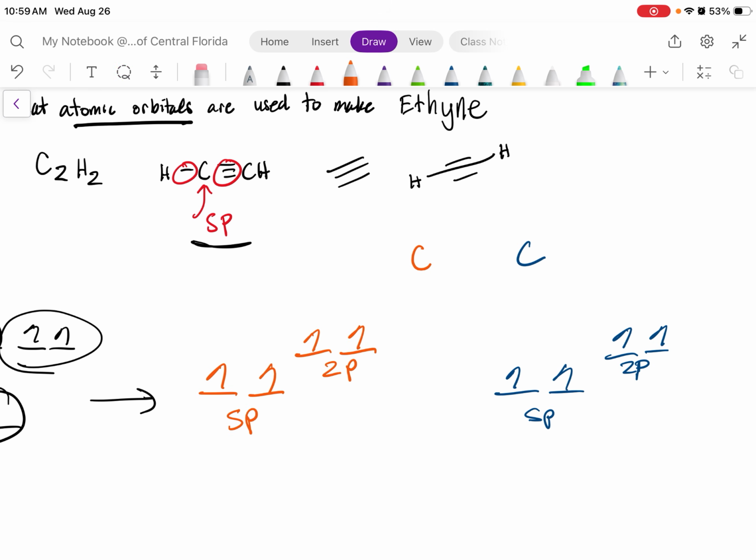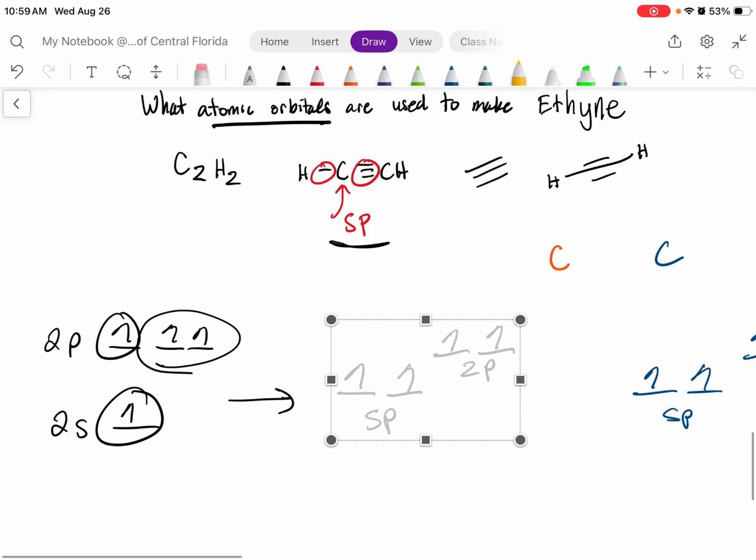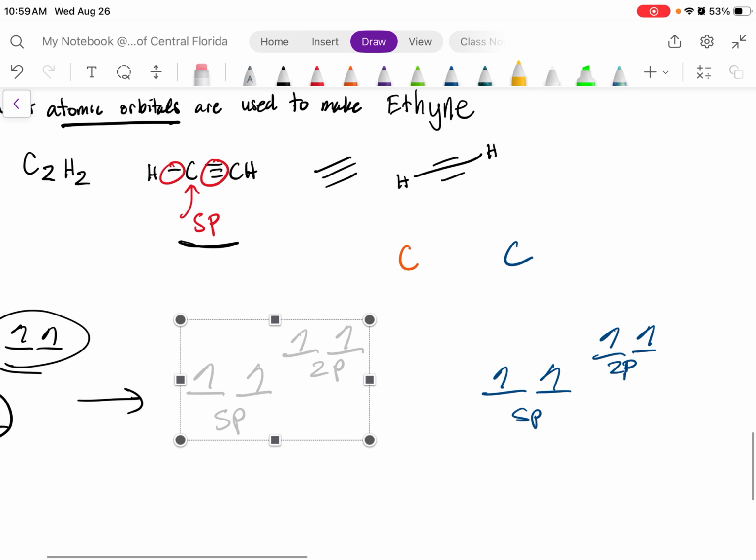And then how many hydrogens do we have? We have 1 hydrogen. And then we have hydrogens coming in with a 1s orbital, and there's 2 of them.